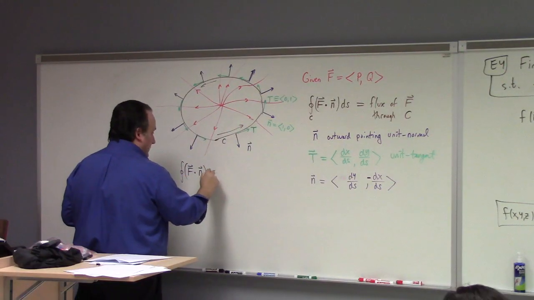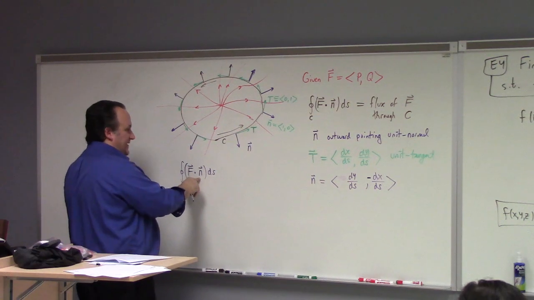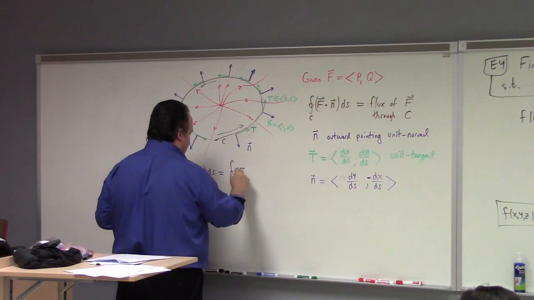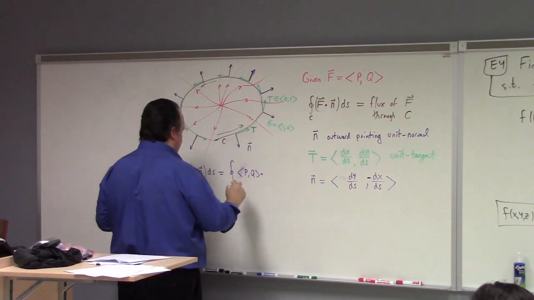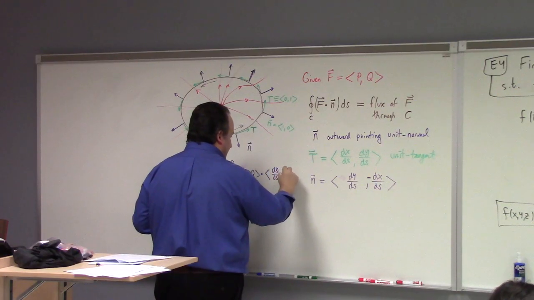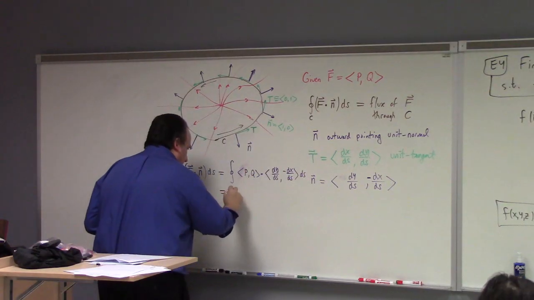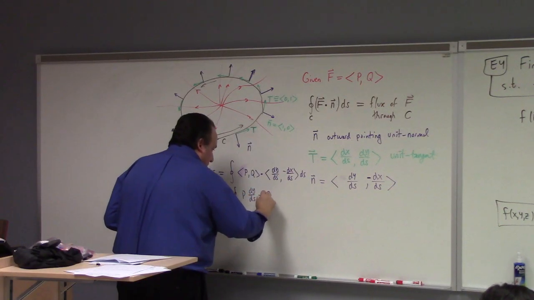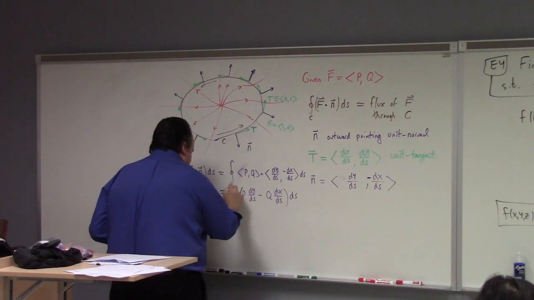So the arc length integral of the outward pointing normal component of the vector field, that's the flux by definition, is equal to the integral of the vector field P comma Q dotted with my n, which was dy ds comma minus dx ds, times ds. So we get the closed integral of P dy ds minus Q dx ds times ds.